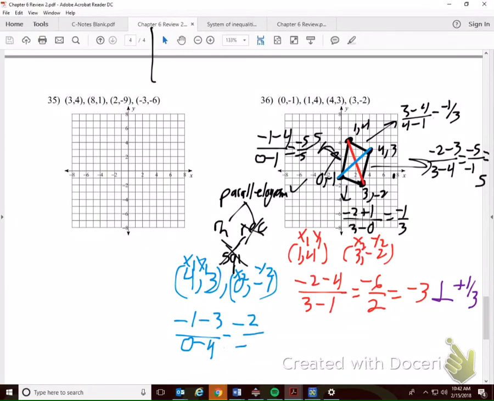And so we go 1 minus 3 over 0 minus 4 equals negative 2 over 4, so we're not going to hit 1/3. It's going to be close. We get negative 1/2 instead of positive 1/3. So it's a parallelogram. We're done.